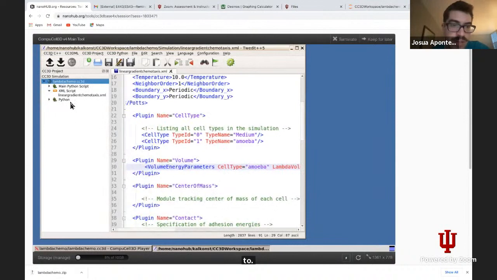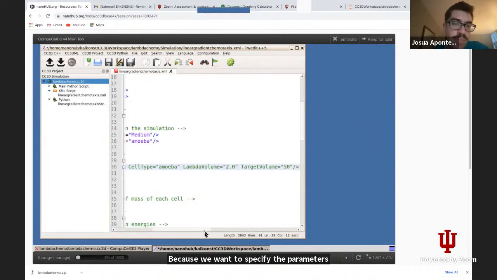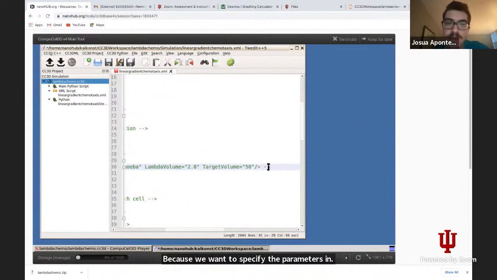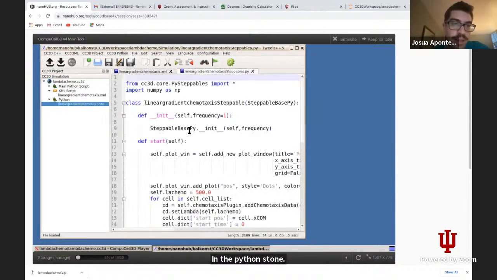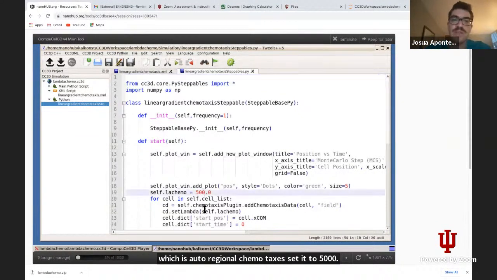So the first thing is to comment out line 30 there, because we want to specify the parameters in the Python step one. And then in the Python step, I will set line 19, which is our original chemotaxis, to 5,000. That number we determined from the previous plots.